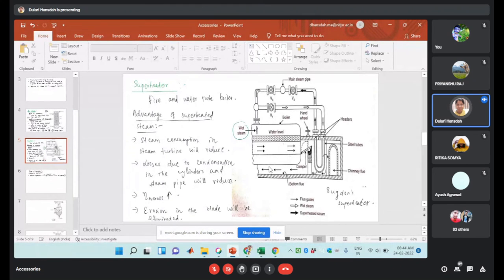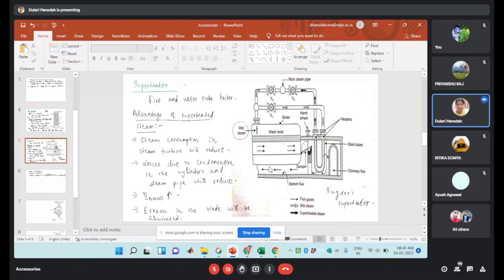So here the headers are present, and the structure of the superheater is U structure, which is made up of steel pipe. So U tubes of steel pipe. These tubes are arranged in groups of four or two. One pair of headers generally carries 10 of these groups.